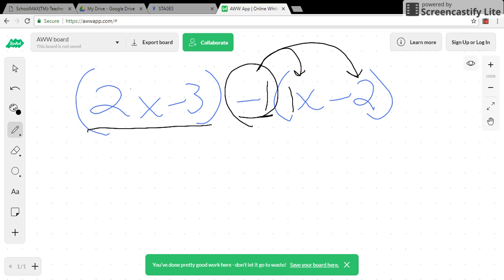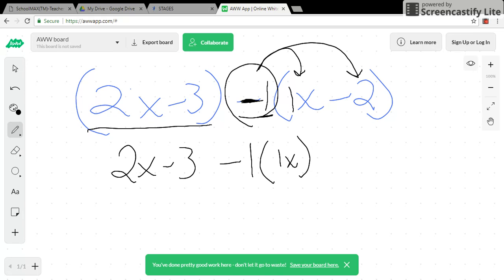Again, this is an example where 2x minus 3 is just going to come straight down. There's nothing to be added here. They're not like terms. And then when we come down here, again, there's a minus sign here. So it's a minus 1 that's getting distributed to the 1x. And I need to minus a 1 that's getting distributed to here.